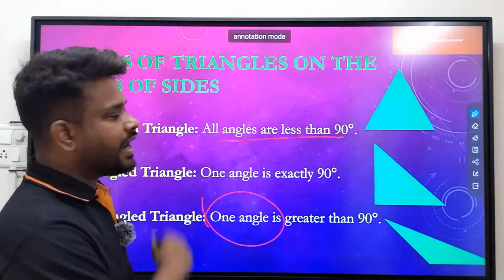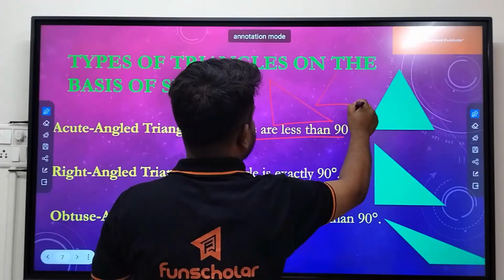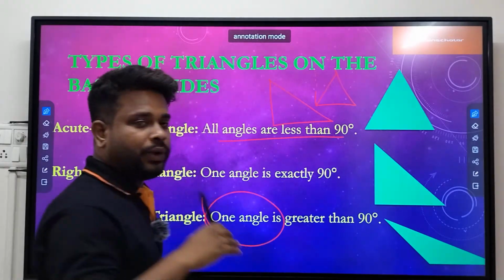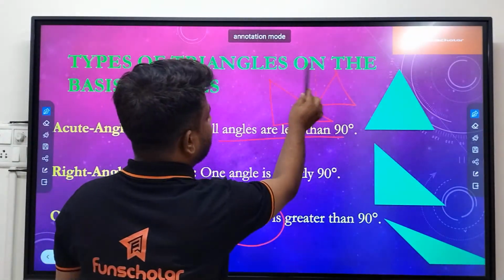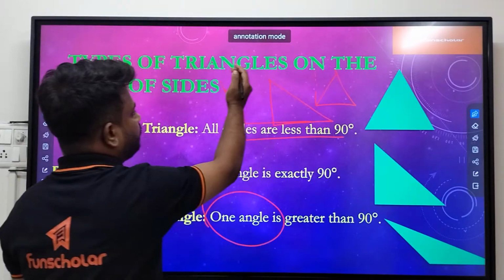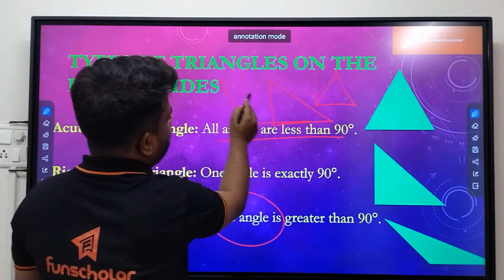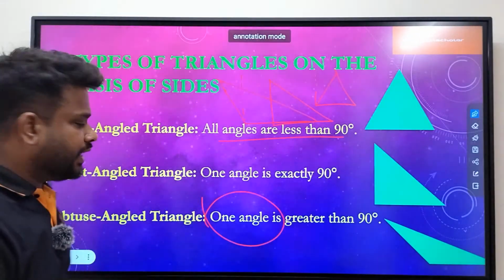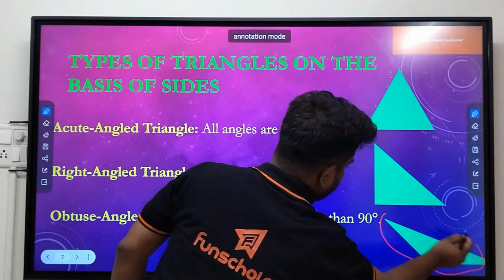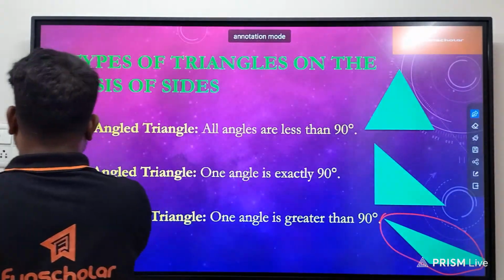If 90 degrees is measured like this and an acute angle like this, then the obtuse angle will be greater, that means that line will surpass the 90 degree measurement. So the obtuse angle triangle will be measured like this, just similar to this figure. Here it is measuring greater than 90 degrees. Now let's go further.